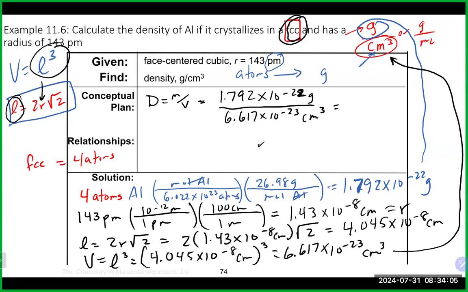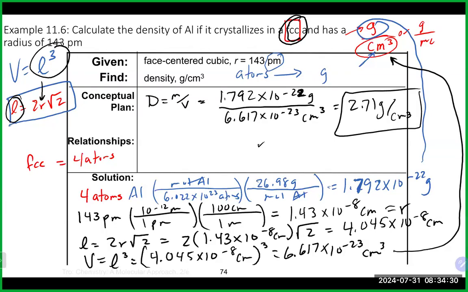And we will end up with 2.71 grams per cubic centimeter. It's a long way to go for that, but that is where we are. So that would be the density here of our aluminum as it crystallizes in a face-centered cubic cell.